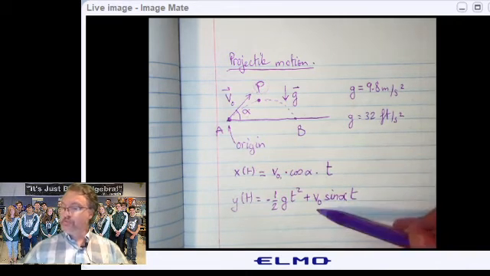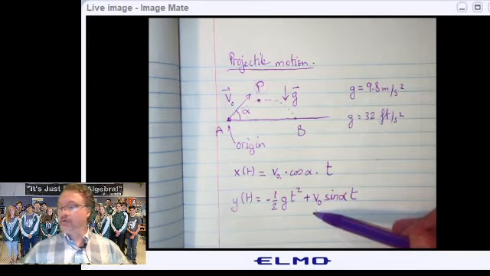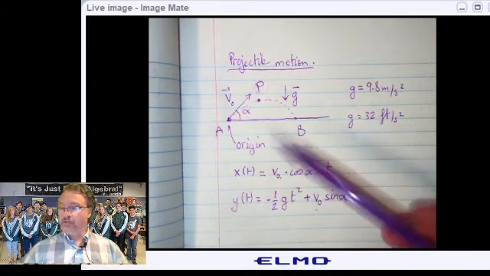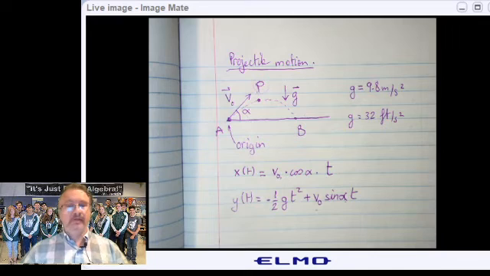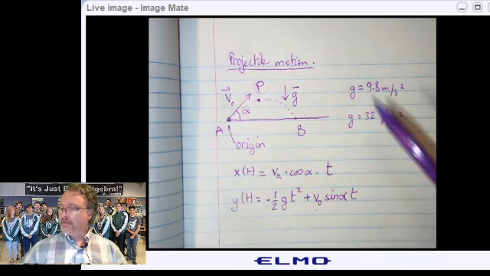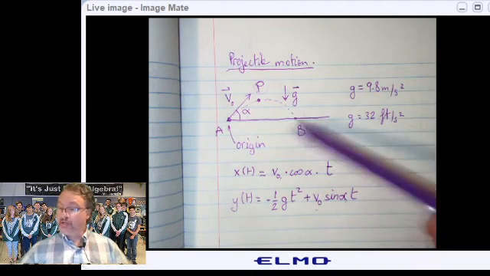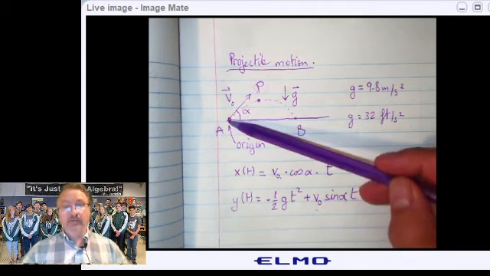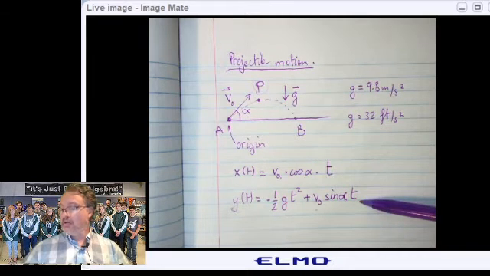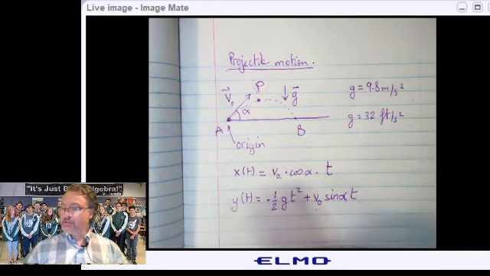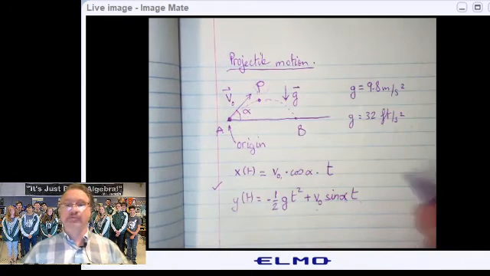Same thing, v sub 0 is the magnitude of the initial velocity vector, alpha is the launch angle, and t is the time. Okay, and then that's pretty much it, again, because the point A is considered the origin of our system. Okay, so that's really all there is to this. Those are the kinematic equations.